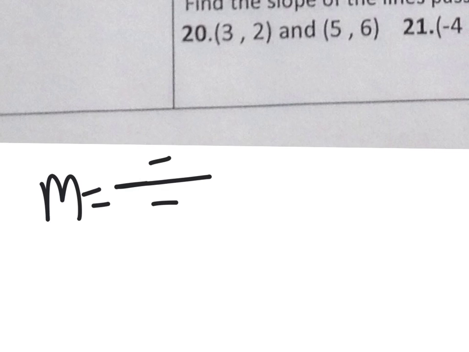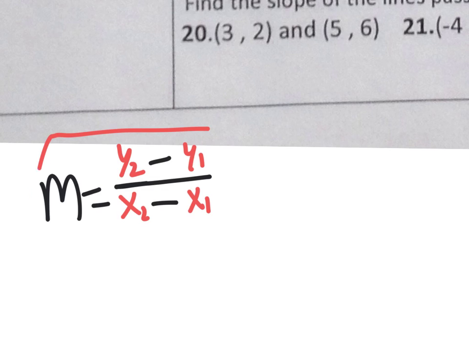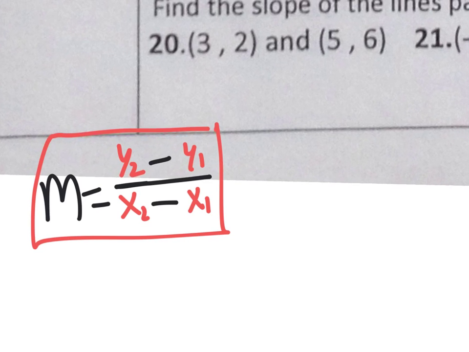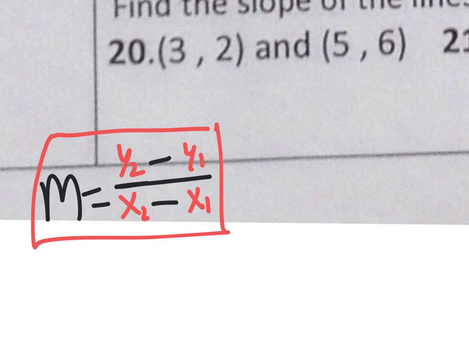And of course, the top left is y2, the top right's y1, the bottom left is x2, the bottom right is x1. Now, this formula right here is not going to make sense unless you understand that what they give you are 2 coordinates, and those coordinates are really an x value and a y value.